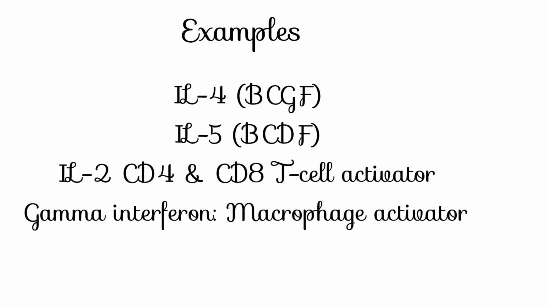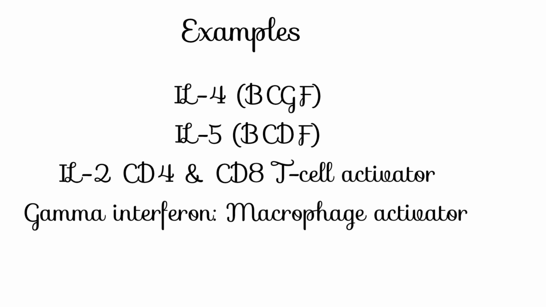producing plasma cells. Another interleukin that is very important and is produced by the helper T cell is called interleukin 2, and this interleukin 2 activates both CD4 and CD8 positive T cells, and then the CD4 positive T cells perform their helper function and the CD8 positive T cells perform their other function. We will talk about it later.